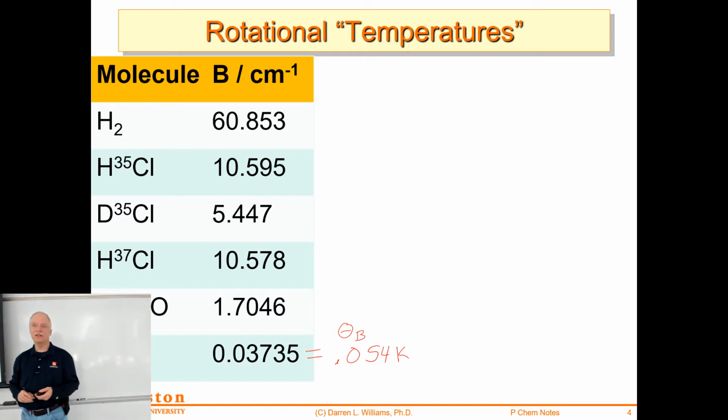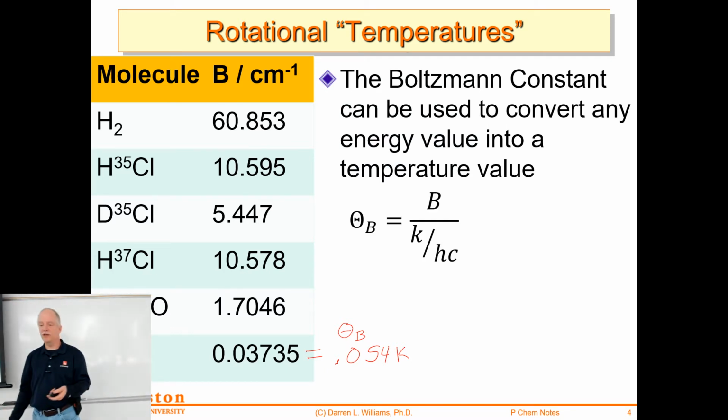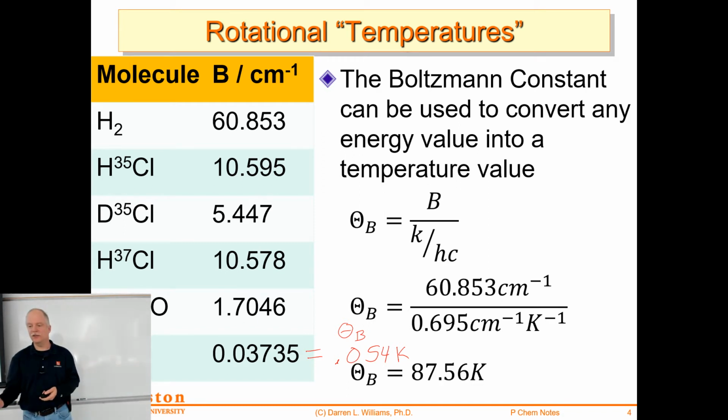So again, the difference in J value is infinitesimal. For hydrogen, you could count, so maybe that assumption fails a little bit for hydrogen, but it's certainly a good assumption for iodine. And so the Boltzmann constant can be used to convert any of these energy values into temperatures, so we can do that. So for the hydrogen rotational temperature, it's 87 Kelvin.